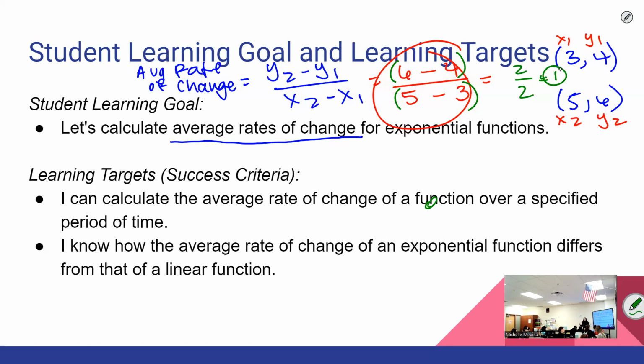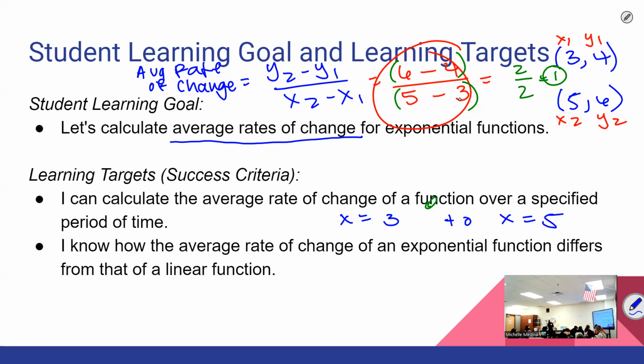And now that we're no longer just looking at linear functions, so not just straight lines anymore, you really have to pay attention to what time they specify. If they say they want to know from when x is 3 to when x is 5, then make sure you use the correct coordinates.